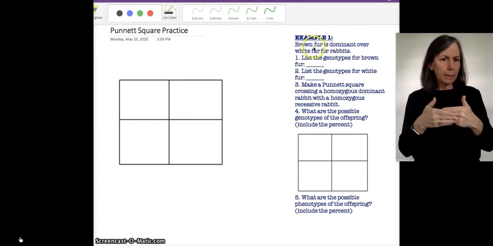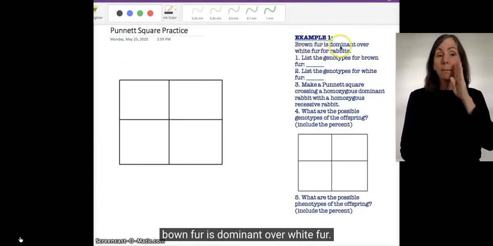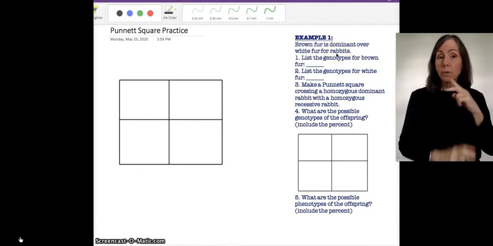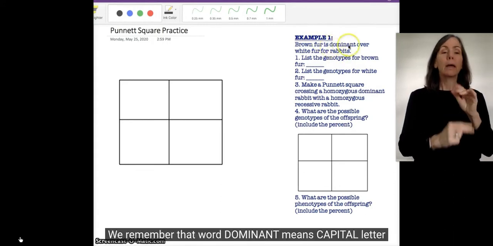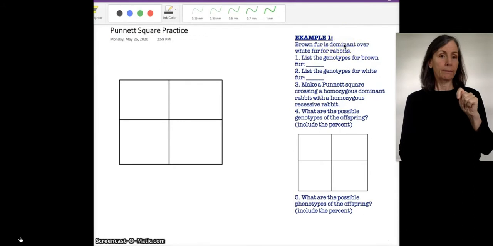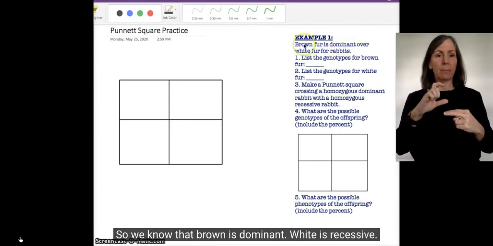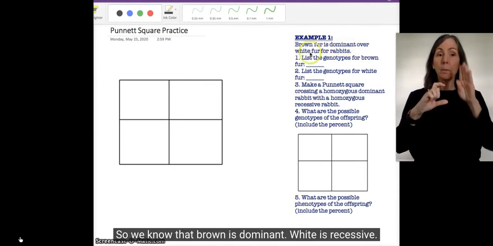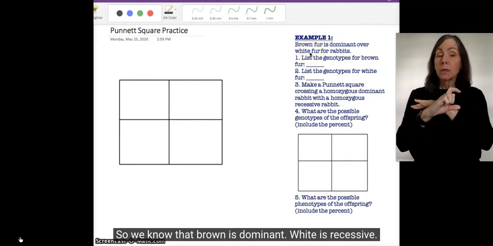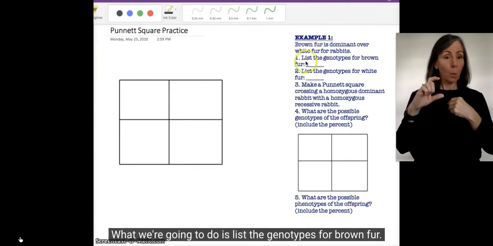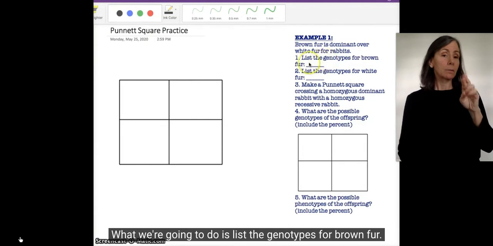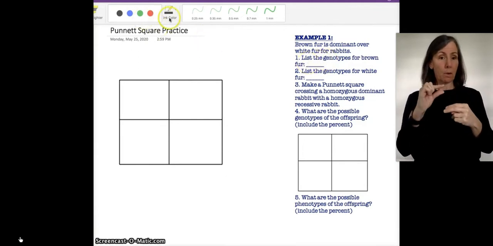It says that brown fur is dominant over white fur. We remember that the word dominant means capital letter. So we know that brown is dominant, white is the other, the word is recessive. So what we're going to do is list the genotypes for brown fur.